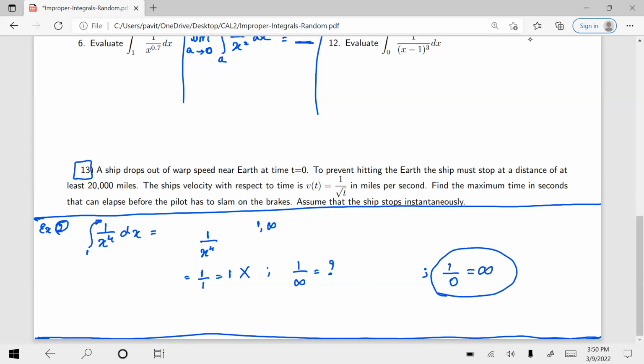Let me see who will tell me the answer. When 1 over 0 is infinity, what is 1 over infinity?